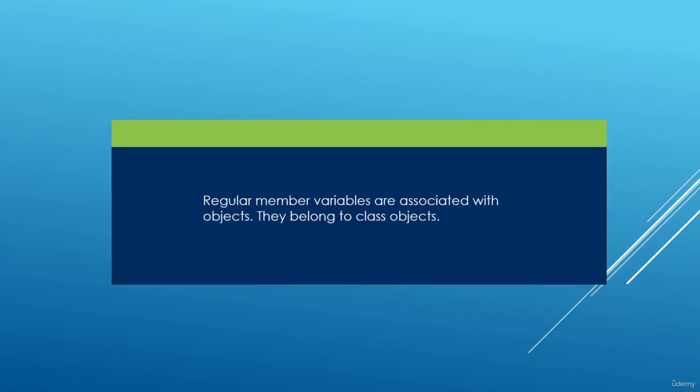So from this, we can really see that regular member variables are not tied to the class itself. They are tied to the object, and they belong to objects, and the object is going to completely manage that member variable. But sometimes we need a member variable which is not tied to any class object, and we want that to be tied to the class blueprint.